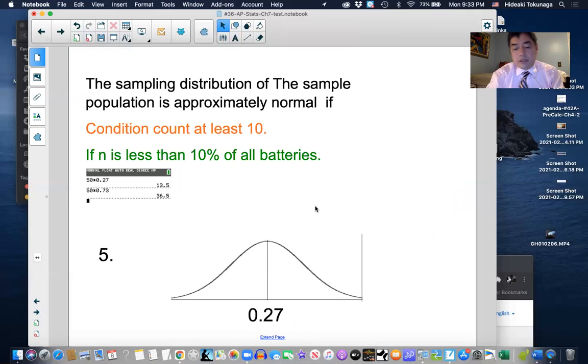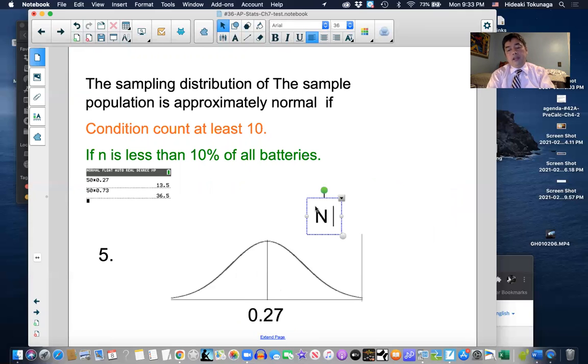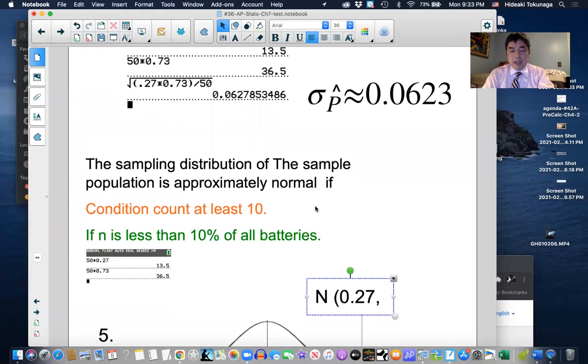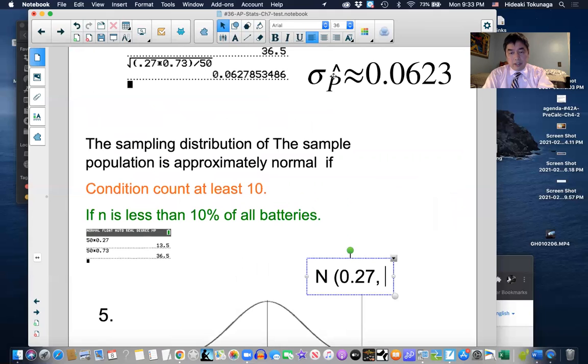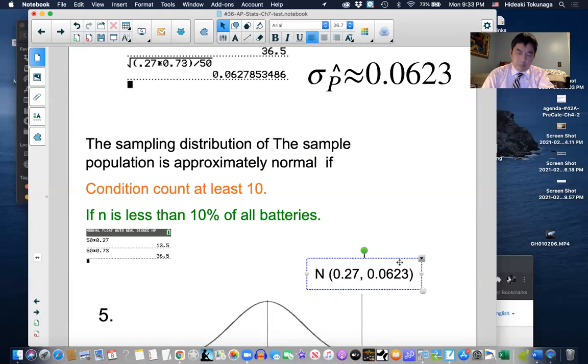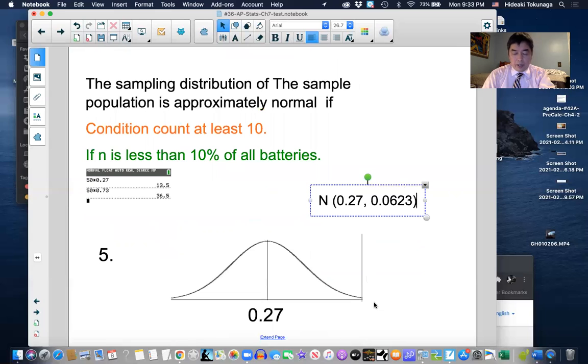And according to our rule, you have to put N for normal model, and 0.27 is p, the sampling distribution of p hat actually, right? And standard deviation 0.0623. Okay.